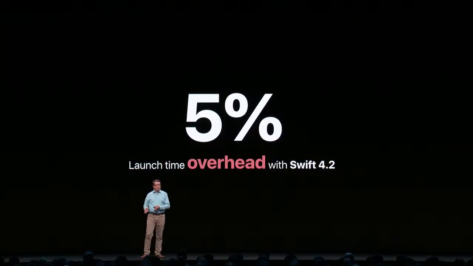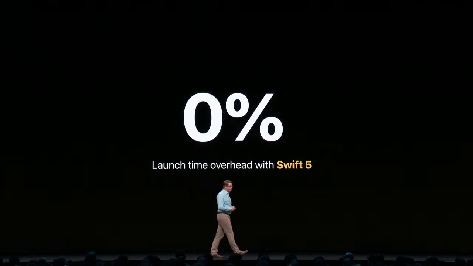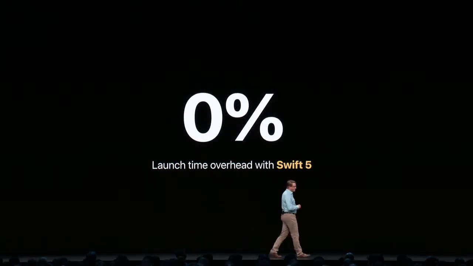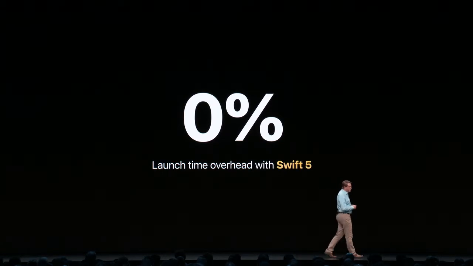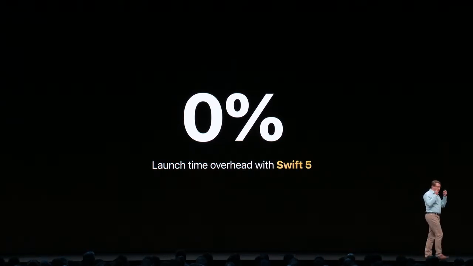But when your app is recompiled with the Swift 5 compiler and runs on an OS with that shared runtime, that overhead disappears. This is really, really important. I mean, that latency is the difference between the moment users want to start using your app and them starting experiencing it.